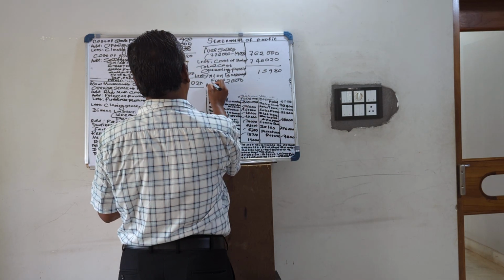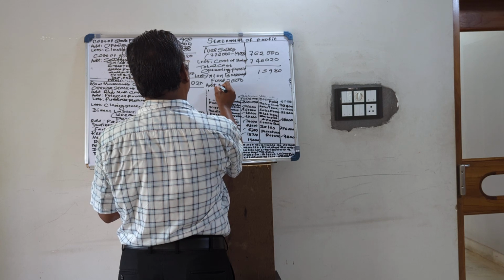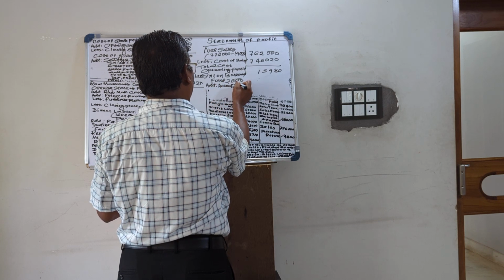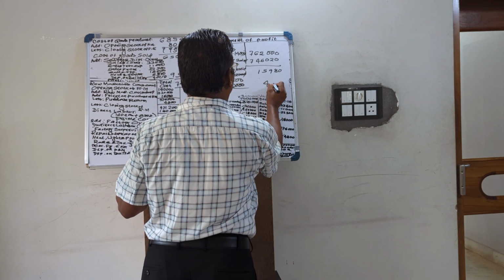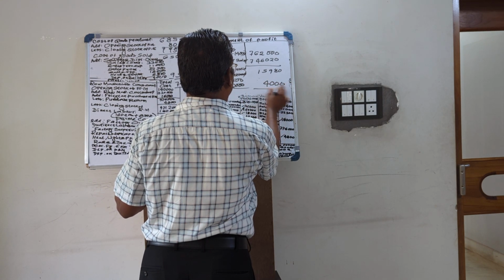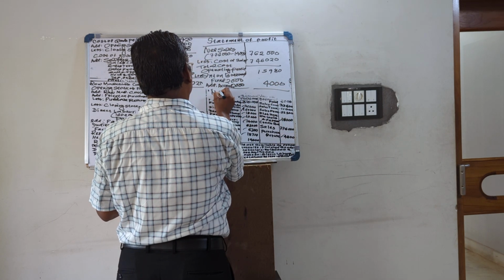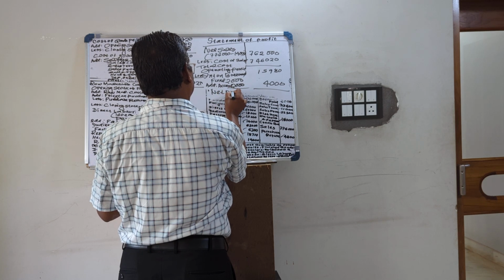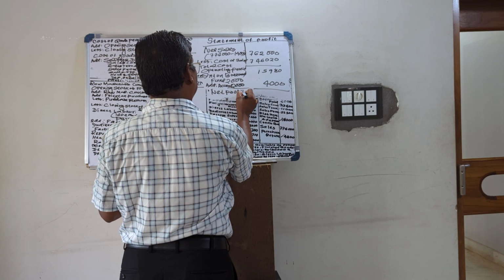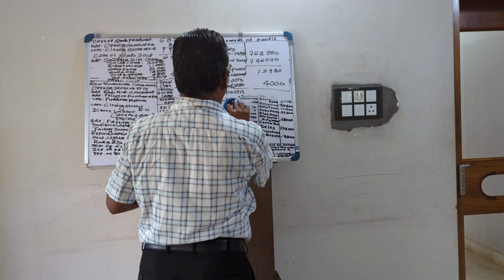Add outstanding, accrued due not paid, that is 2,000. So total is 4,000. So net profit from this business is 11,980.